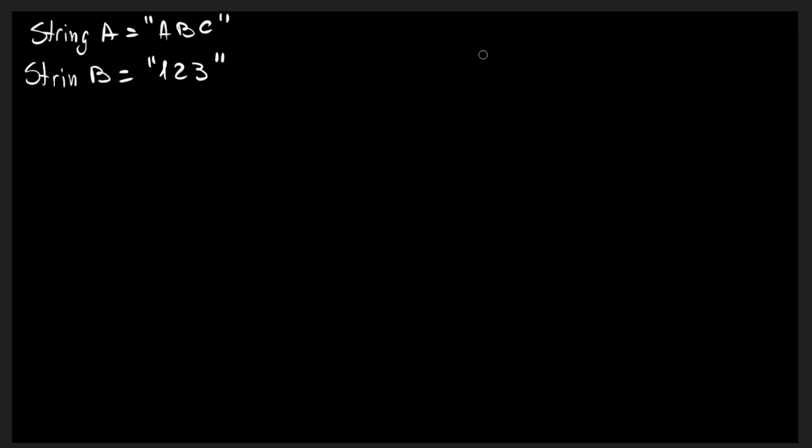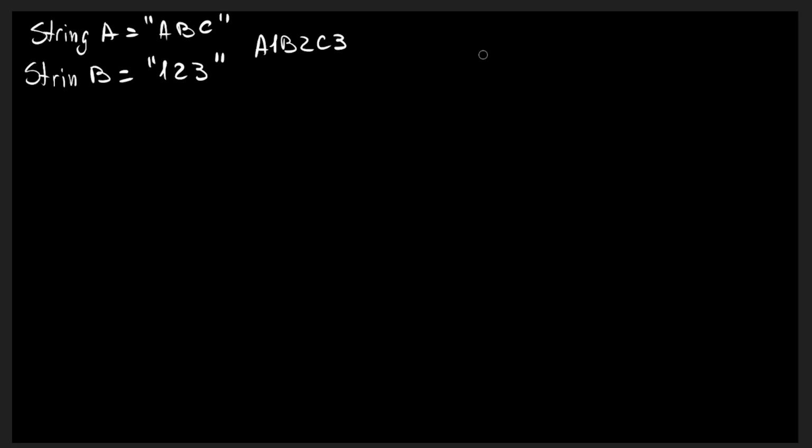So what we want to do, the final product will be something like A, 1, B, 2, C, and 3. So we're going to always start with string A, and we want to be adding one character at a time. So we're going to be concatenating between each of them.